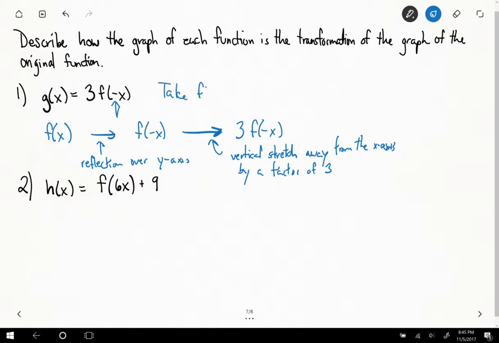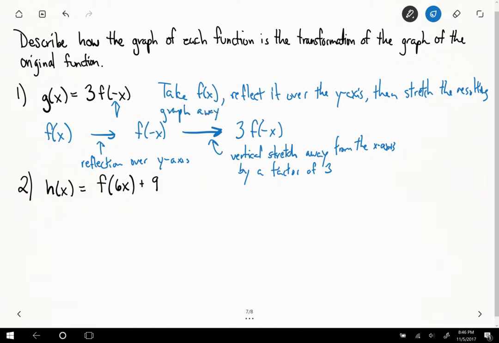Take f of x, reflect it over the y-axis, then stretch the resulting graph away from the y-axis, or from the x-axis, my apologies there, by a factor of 3.